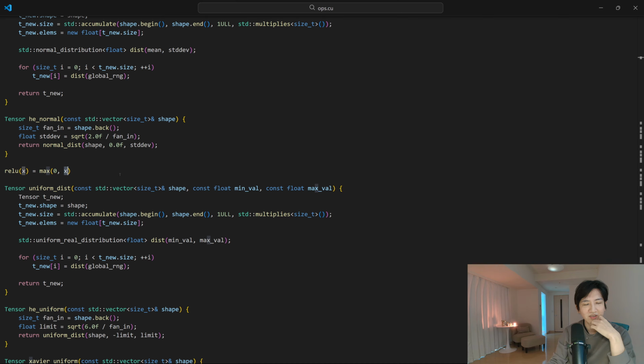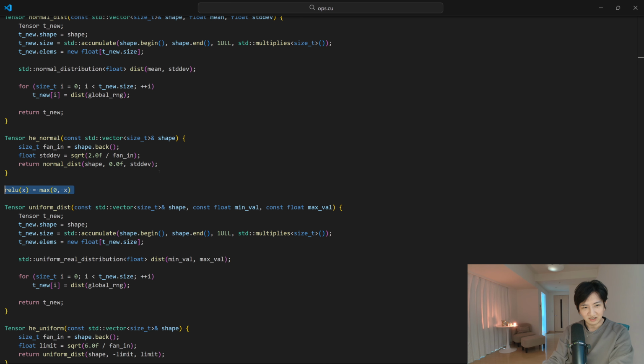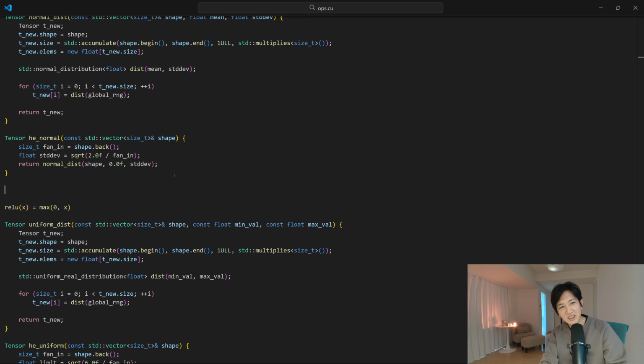The values are so large. So, anyways, this ReLU function is a bit tricky, and so what we want to do is try to keep the variance of inputs and the variance of outputs almost the same.